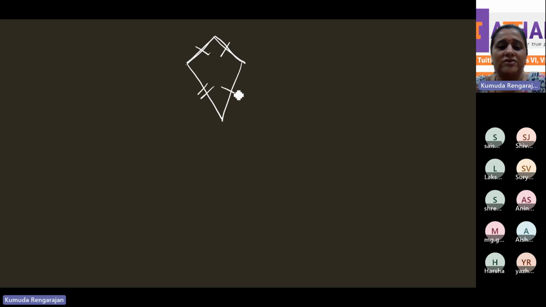This one and this one, adjacent sides, they'll have the same length. If I call this ABCD, in this figure AB is equal to AD. Also, BC is equal to CD.